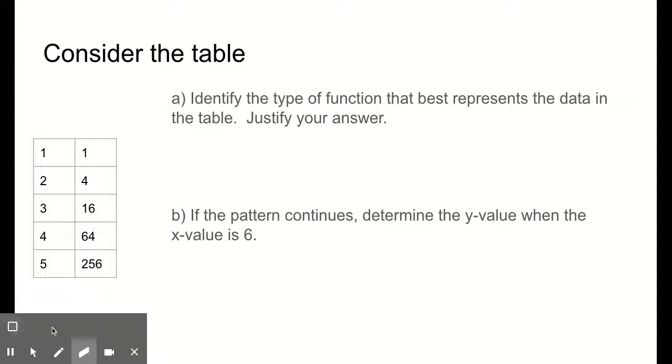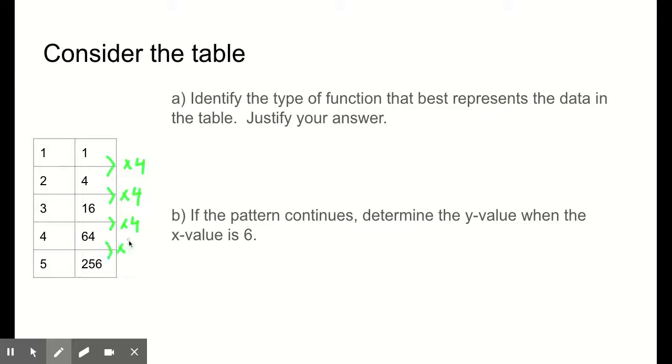So the last thing we want to check for is a common ratio. So is there a number that we're multiplying by each time to get to the next number? So what do we multiply 1 by to get 4? We multiply by 4. Does 4 times 4 give us 16? It does. 16 times 4 is 64, and 64 times 4 is 256.